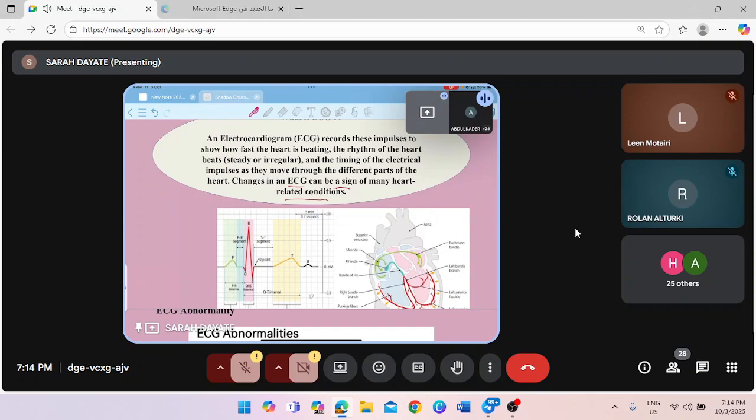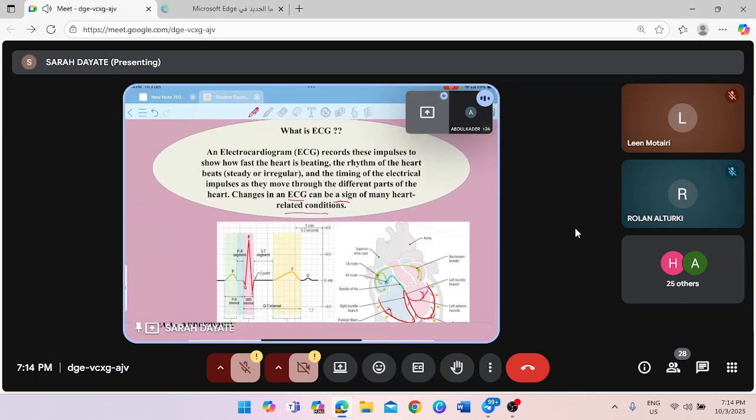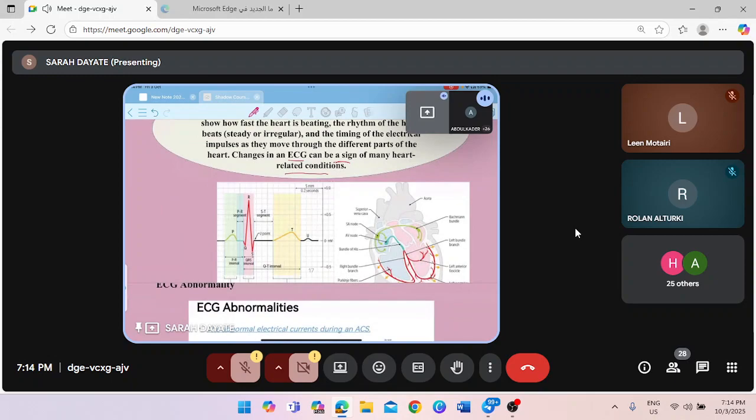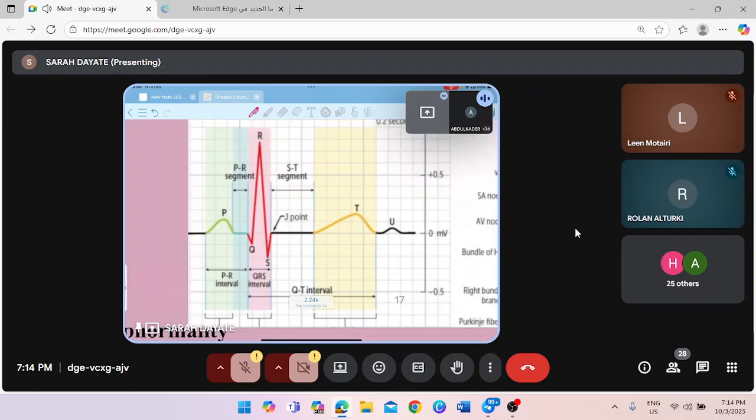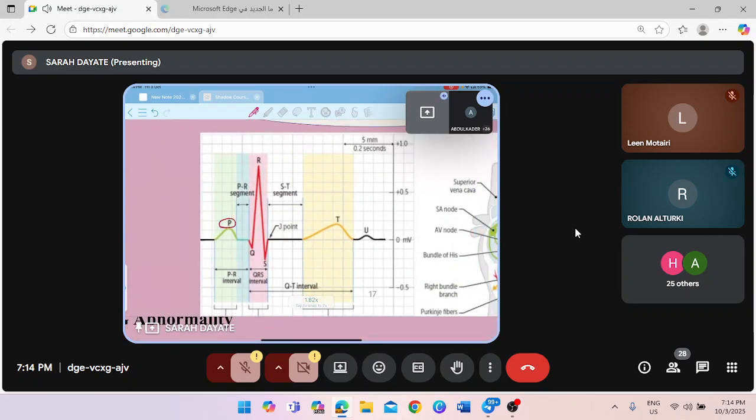So when we talk about myocardial infarction, we can say that changes in the ECG can be a sign of an infarct. I think you have studied that the P wave indicates the atrial depolarization, and then the QRS indicates the ventricular depolarization, and the QRS also contains the atrial repolarization, because it's smaller than the ventricular effect.